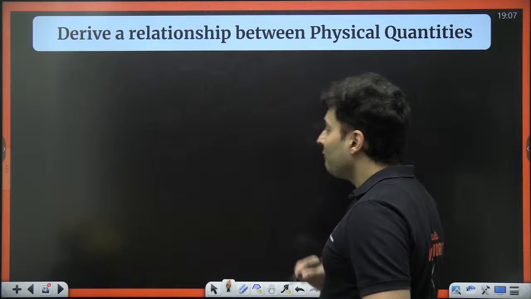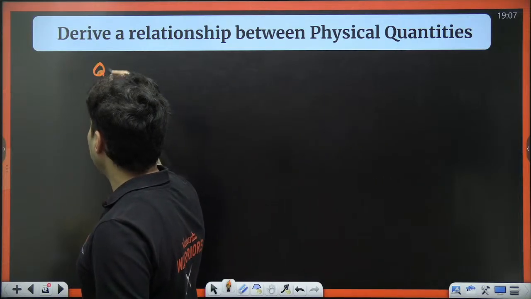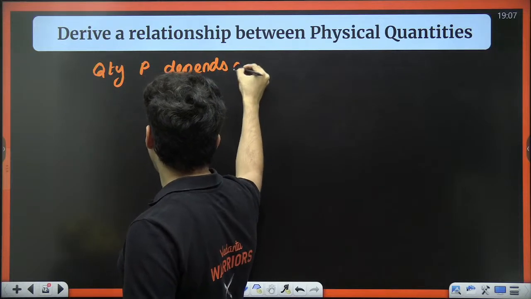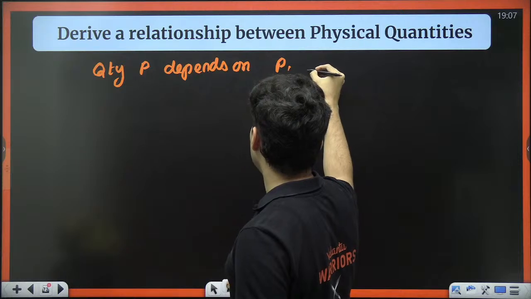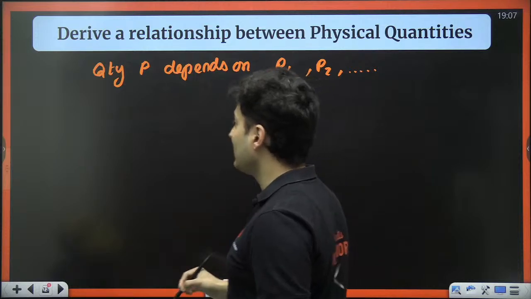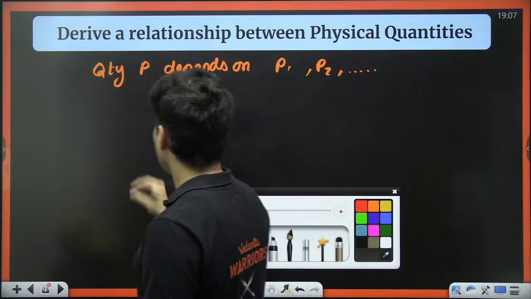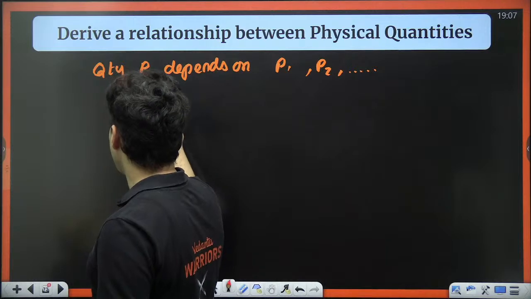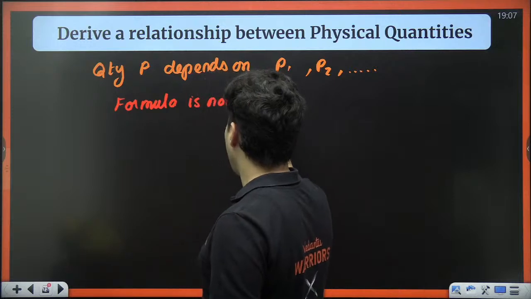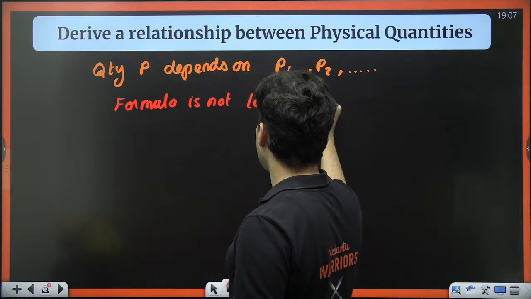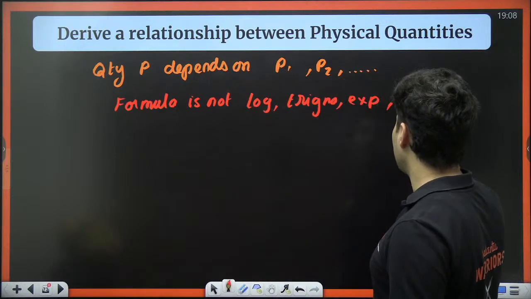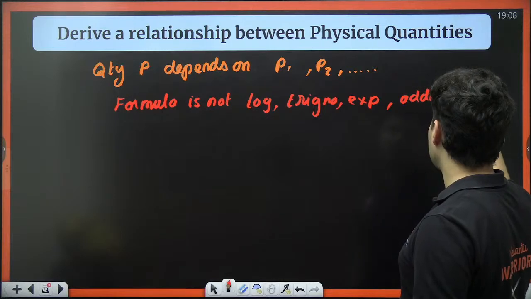Whenever you know that a quantity P depends on other quantities like P1, P2, P3, etc., and very important, the formula does not have log, trigonometry, exponential, addition or subtraction.